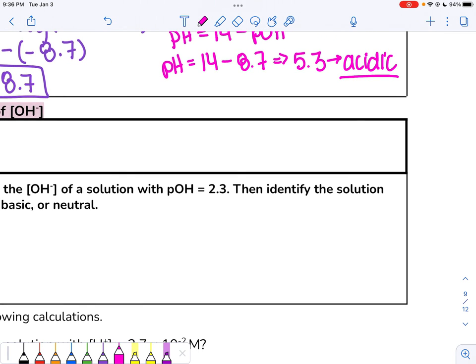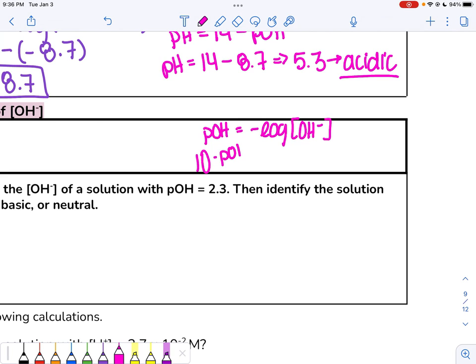All right. Last one, calculating concentration of hydroxide ions. So just like we did before, if I take my pOH equation, I know that's equal to the negative log of concentration of hydroxide ions. Multiply both sides by negative 1 to get rid of the negative on the right-hand side and put a negative on the left-hand side.